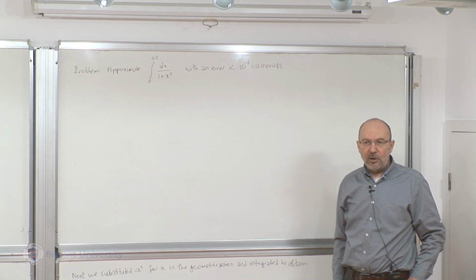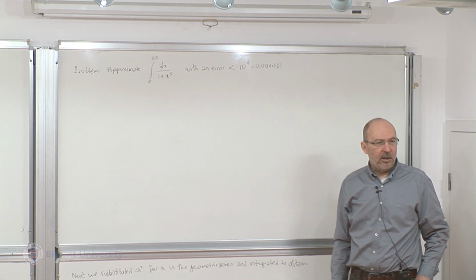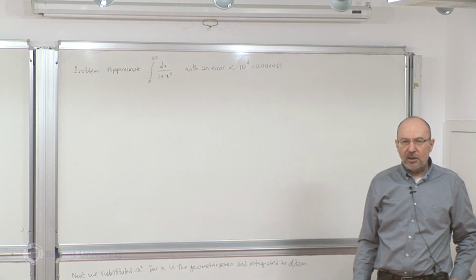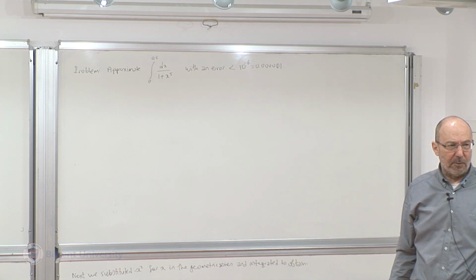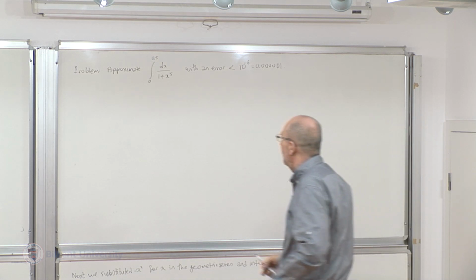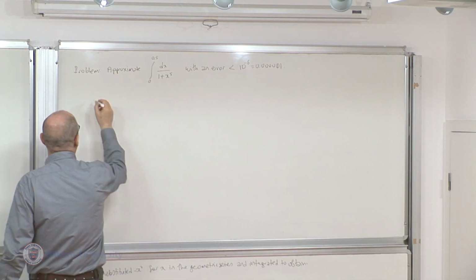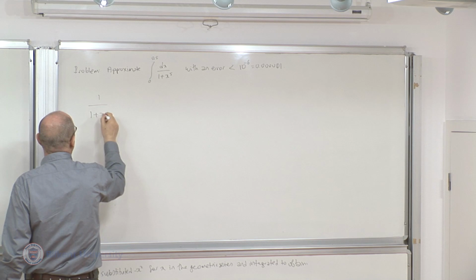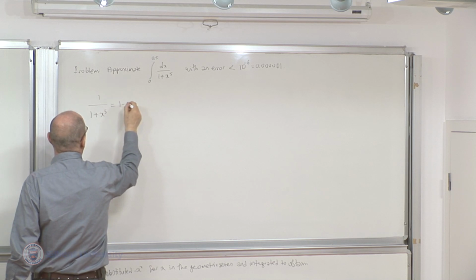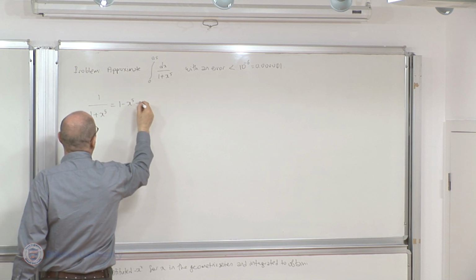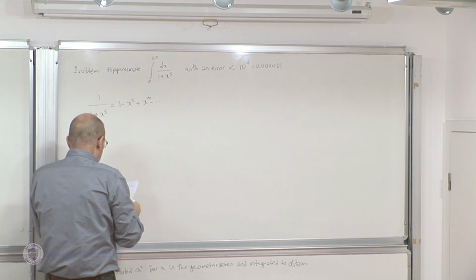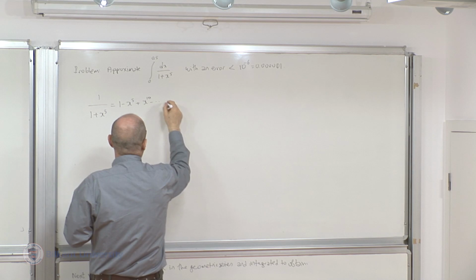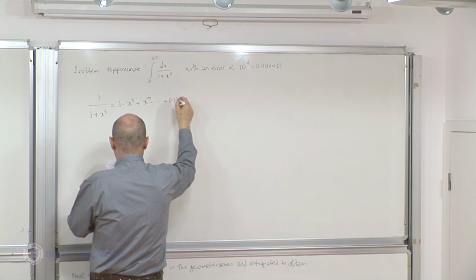If you use n terms, the error made is in absolute value strictly less than the absolute value of the n plus first term. So that's what we will do here. That's the strategy. So 1 over 1 plus x to the 5 is equal to 1 minus x to the 5 plus x to the 10 minus, and in general term, minus 1 to the power n.